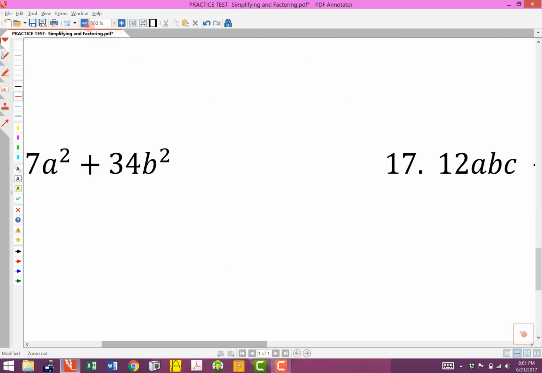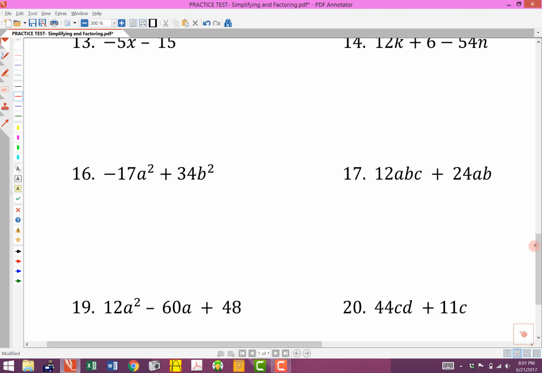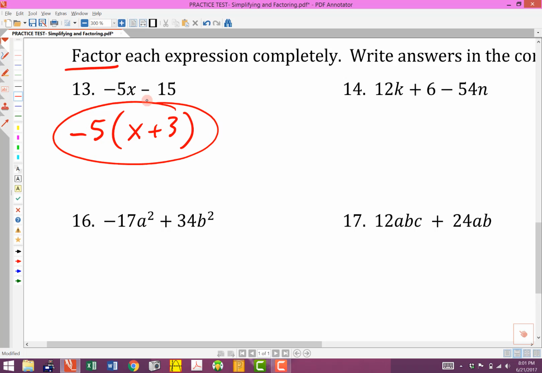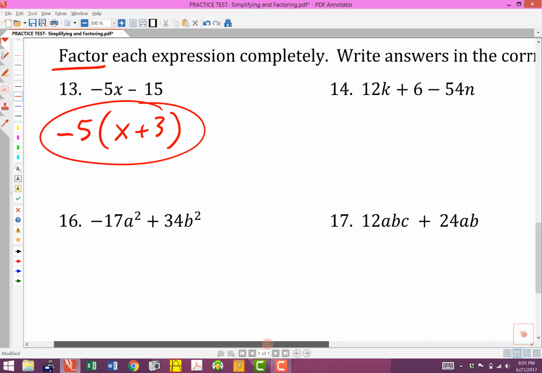So let me blow this up just a little bit, and we'll run through. We're going to take out a negative. As far as numbers go, the biggest thing I can take out is a 5. So if I took out the negative and the 5, only thing left is an x. Took out the negative and a 5, only thing left would be a positive 3. So remember, when you take out that negative, it makes these the opposite sign of what they used to be. And that's written in the correct order, so we're in good shape there.